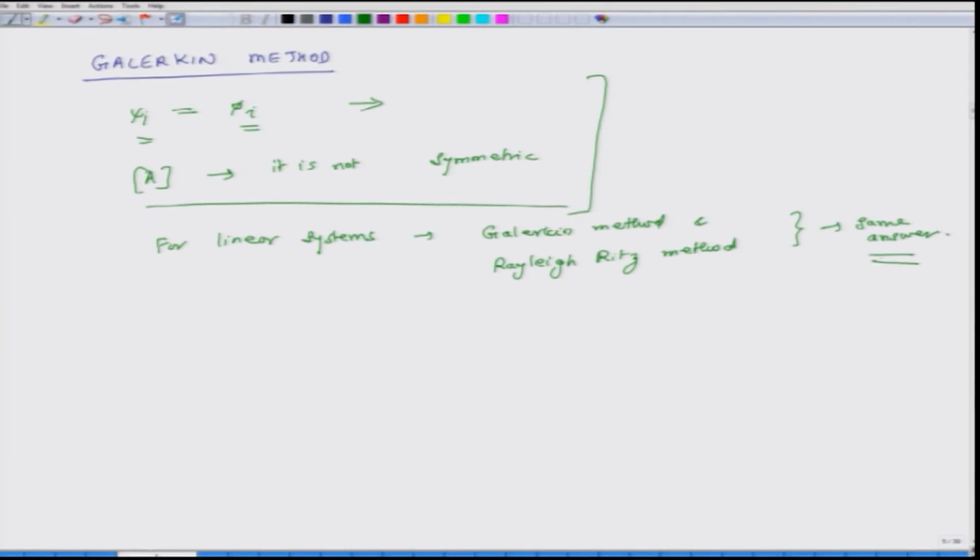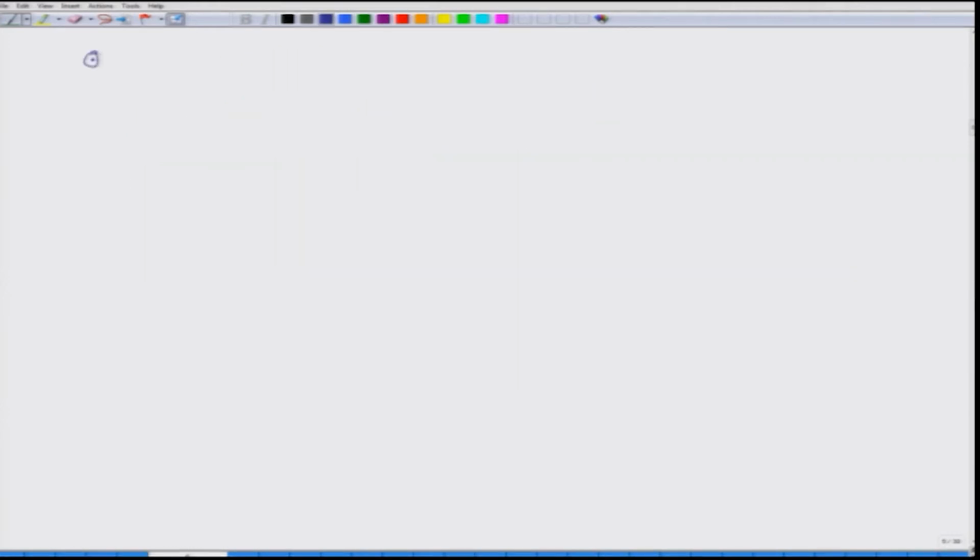So we have looked at the first one, Petrov-Galerkin, and the second one, Galerkin. The third method is called the method of least squares. So what do we do here?